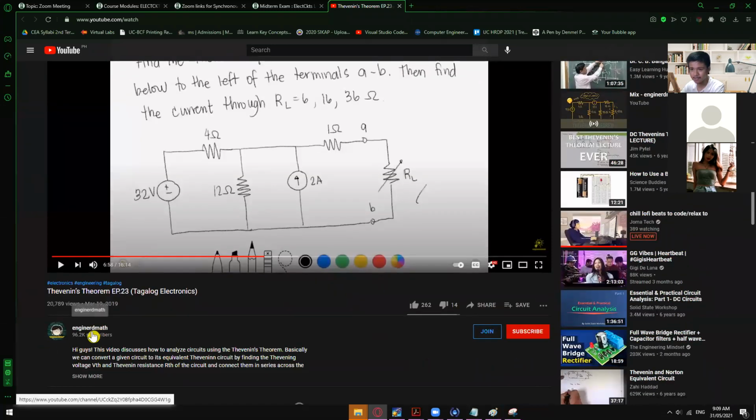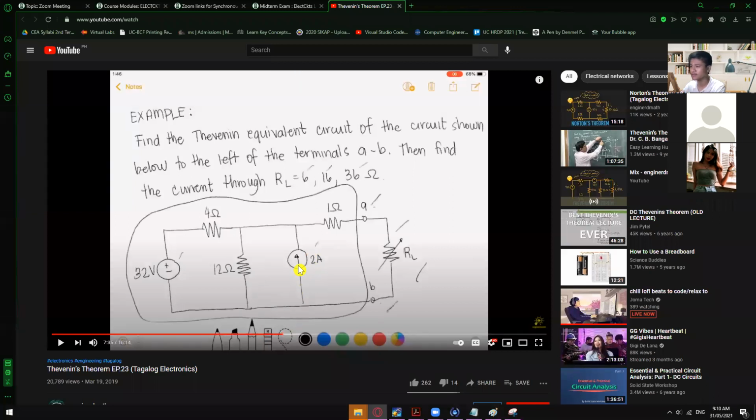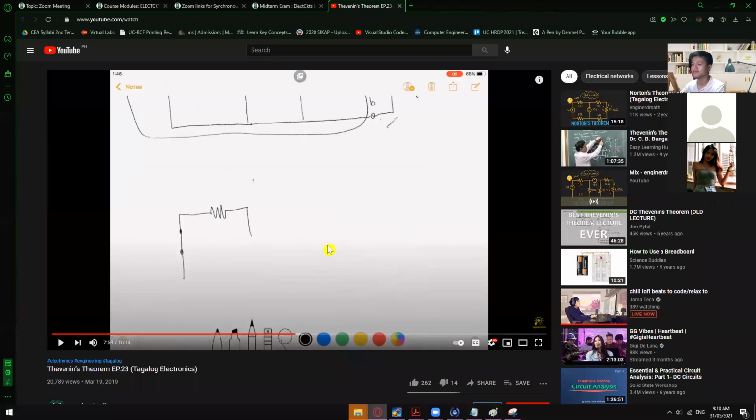This one is super useful. This guy right here, The Engineer Matt, his tutorials are super on point on why we are using that theorem. In here we also have an example of the current source, in which you will know everything once he's done converting this one into a single voltage source and then the RTH and then the RL.